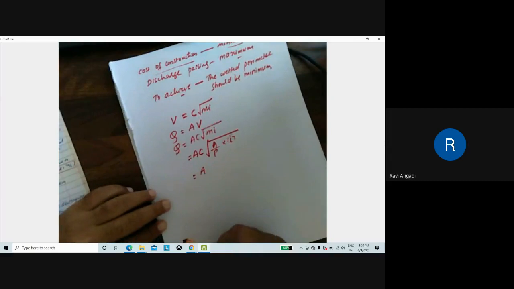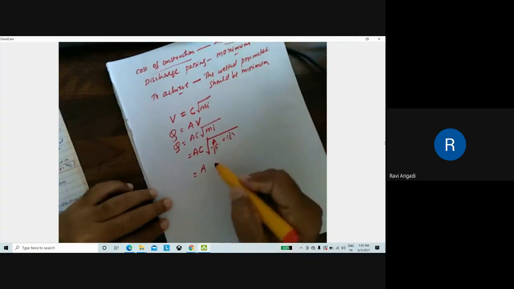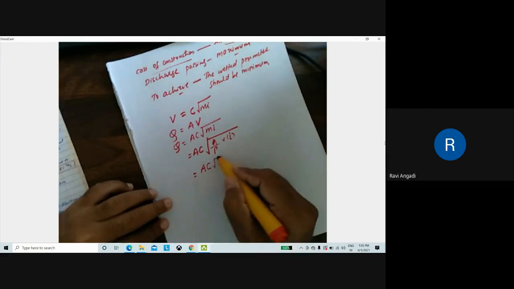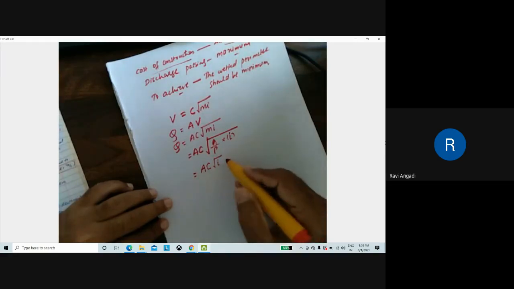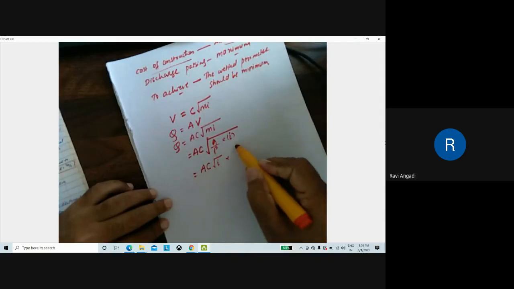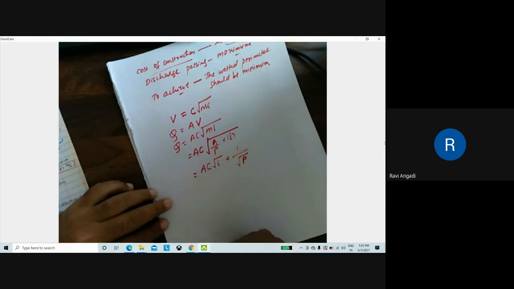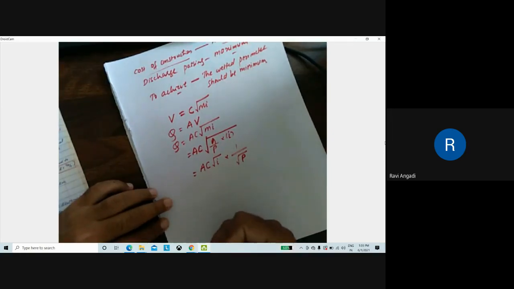Whatever the area is, the cross-sectional area should be constant. Then the roughness, the Chezy's C, should be constant. And also the bed slope should be constant. Then what is the variable here you will get? Wetted perimeter. Only the perimeter is variable.